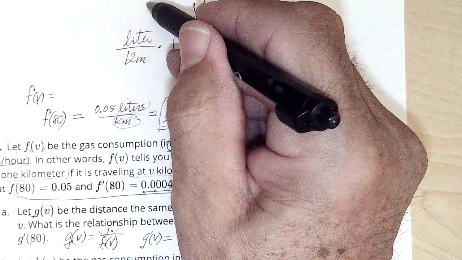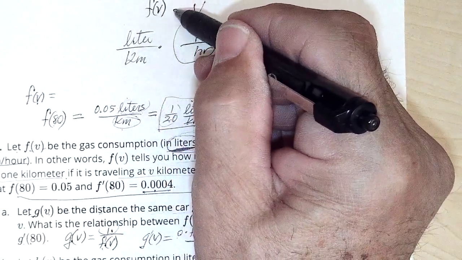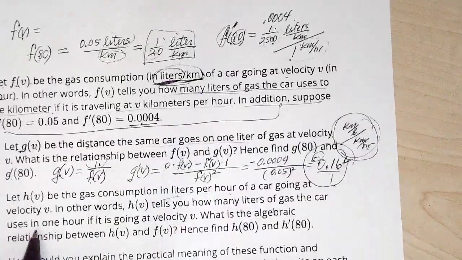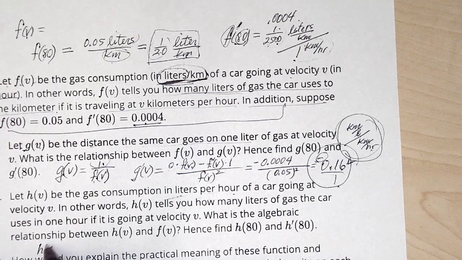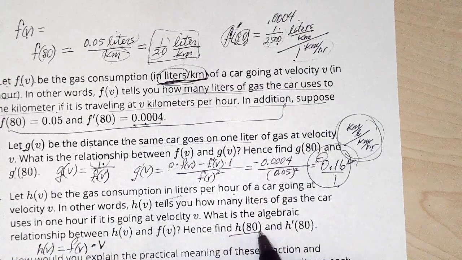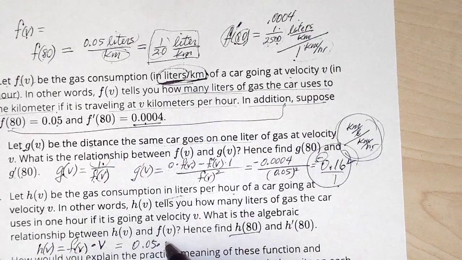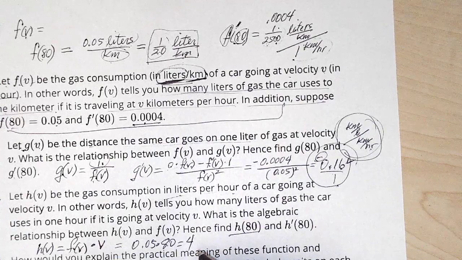So F of V times V will give us liters per hour. So H is F of V times V. So H of 80 is F of 80, 0.05, times the V, which is 80. So 1/20th of 80 is 4. That would be liters used per hour.